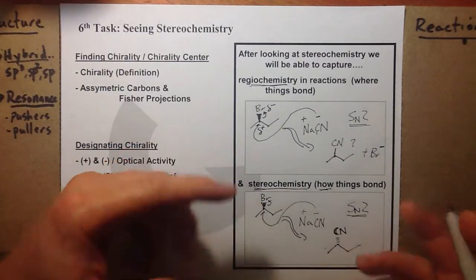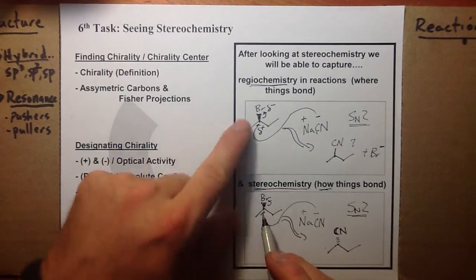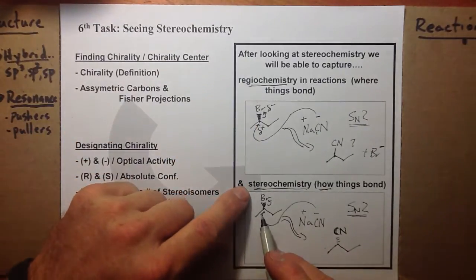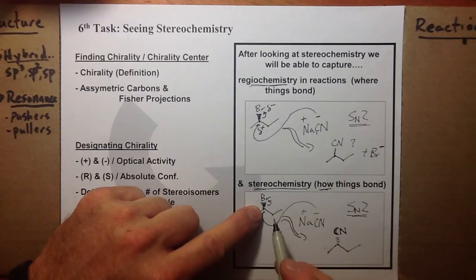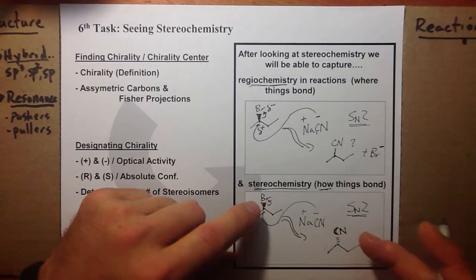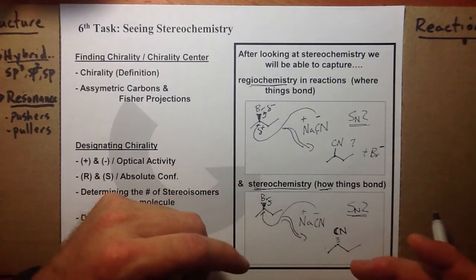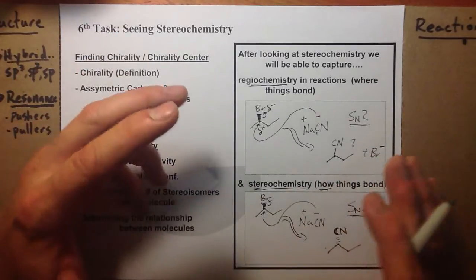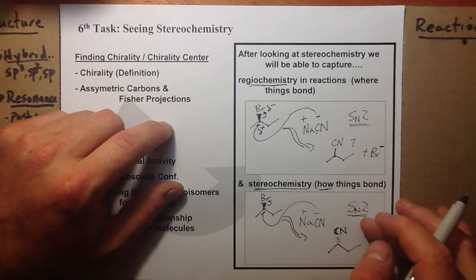They call it inversion. So it bonds not only to a particular position, that was regiochemistry, but stereochemically it bonds in this way such that it's on the dash because the bromine was on the wedge, and we have to have an inversion. The term inversion is a stereochemical descriptor for the SN2 reaction.